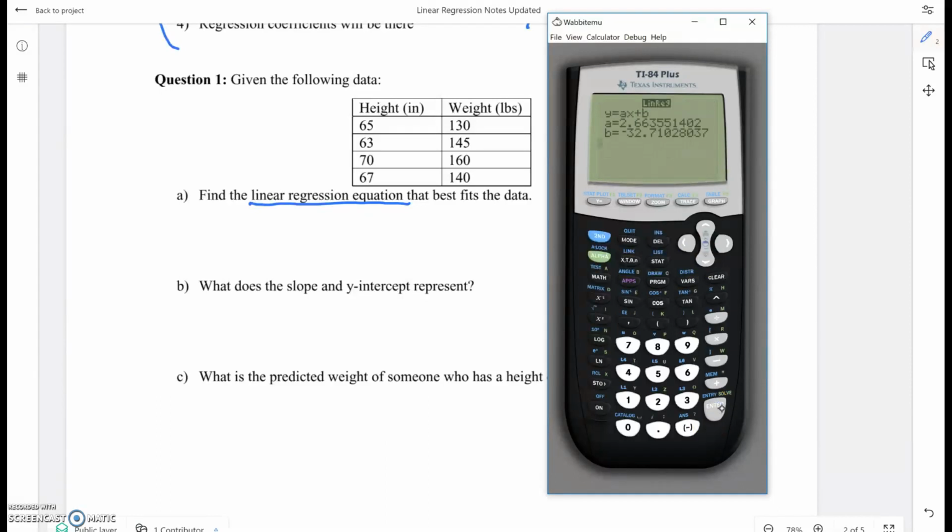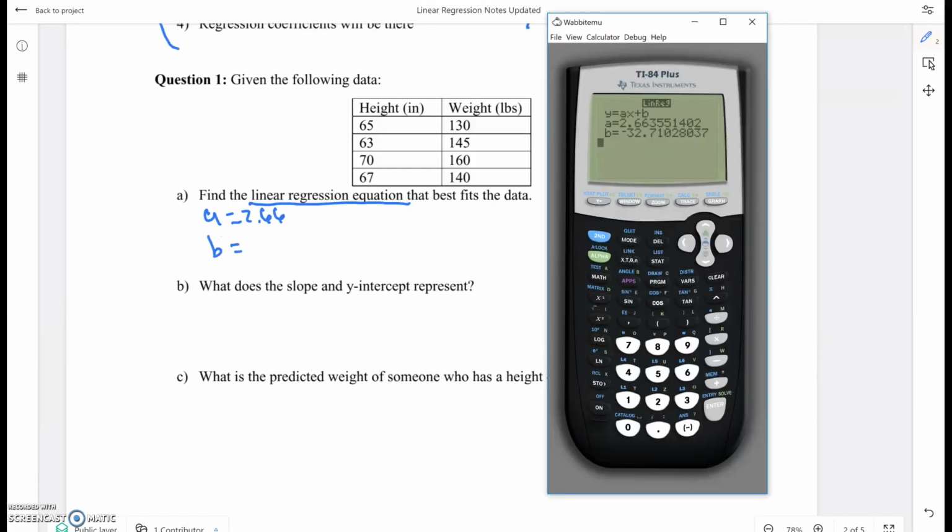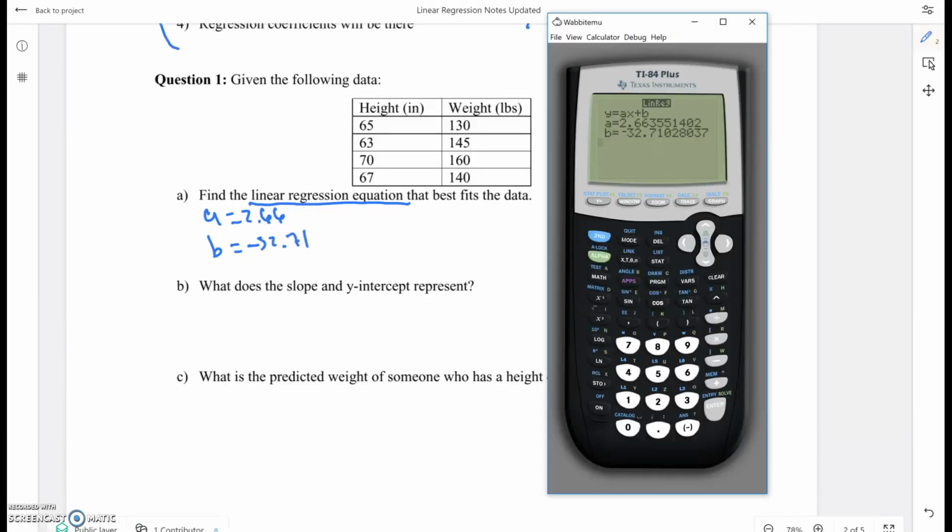And then it tells you what A and B is. So my A is equal to 2.66 and my B is equal to negative 32.71. Okay, so A was 2.66 and my B was, what was it again? Negative 32.71. Okay, so that's what we got.